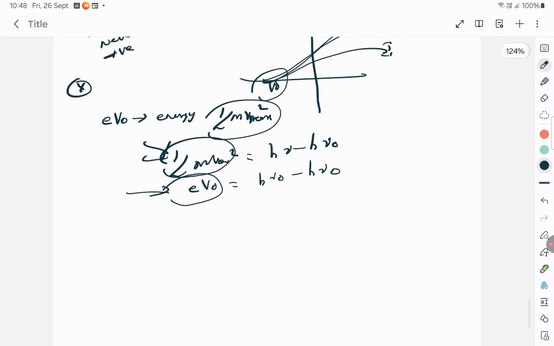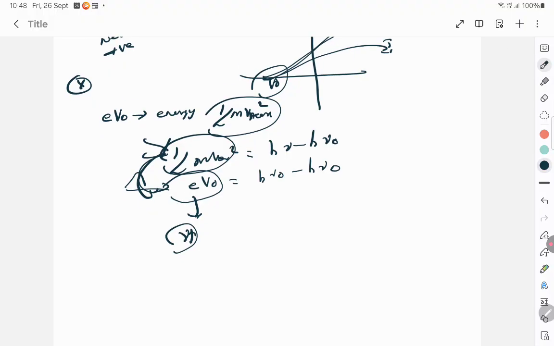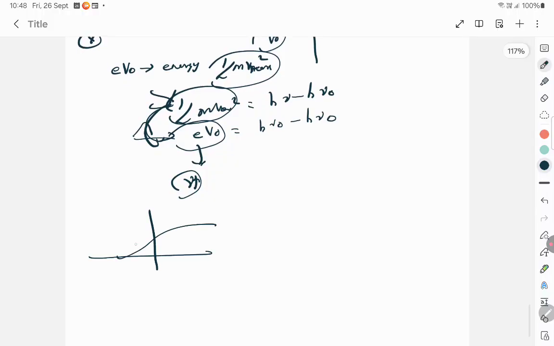So from this he is saying, since eV naught is the substitute of energy, only the frequency will affect. If the frequency is increasing, it will affect the stopping potential. You know the graph of frequency versus stopping potential. As the frequency kept changing, the stopping potential also kept increasing negatively. But the intensity is simply the number of photons.